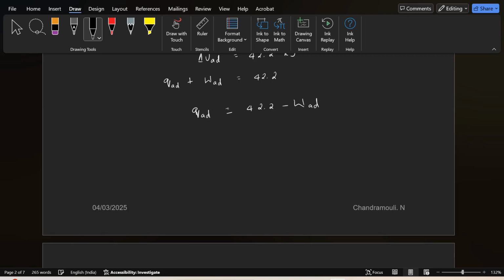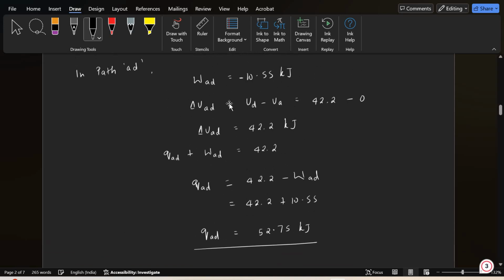We know W is minus 10.55, so minus and minus is plus. So 42.2 plus 10.55. Therefore, heat flow in this path is going to be 52.75 kilojoules. Correct? Yes. So these are the two values.